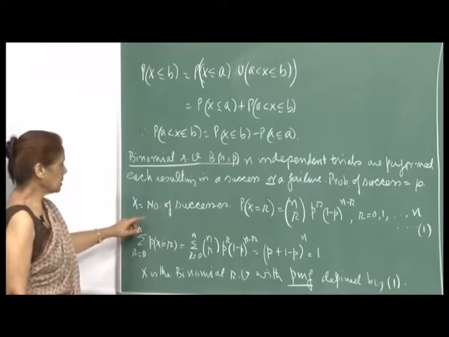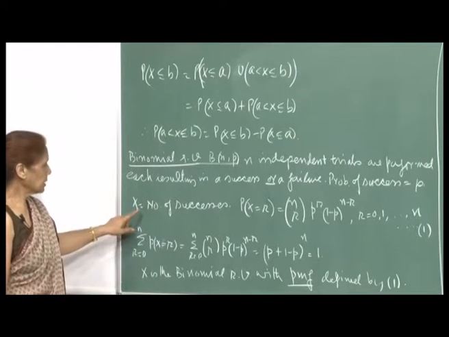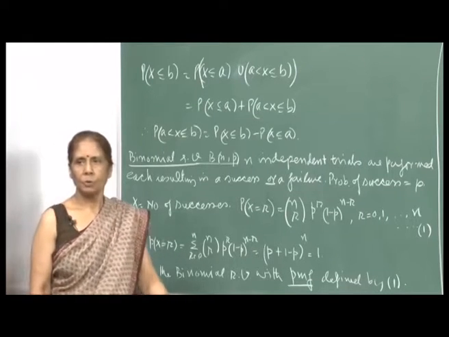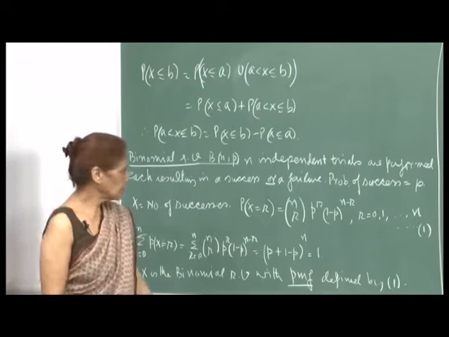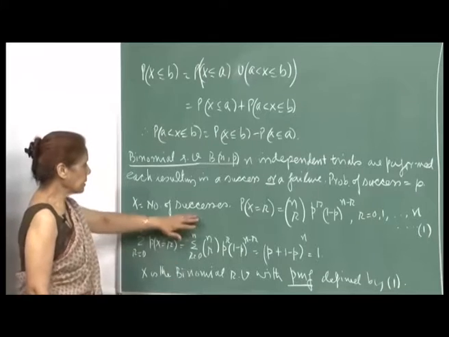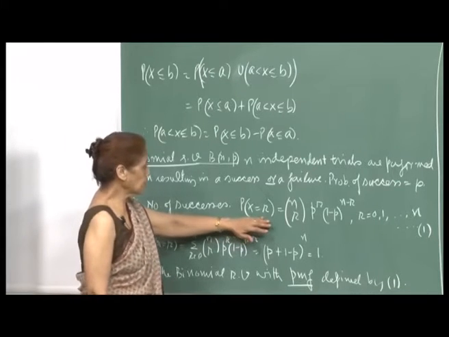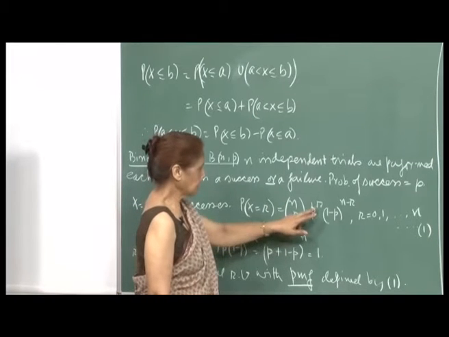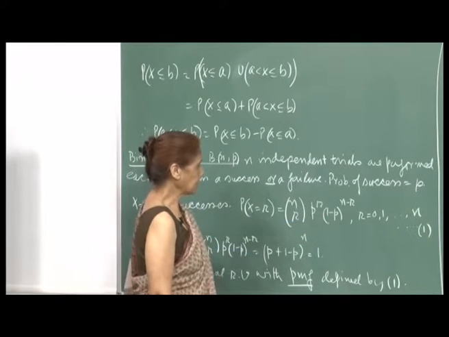Okay. And so, X, the random variable, denotes the number of successes. So, in n trials you want to know how many successes have occurred, because it is an uncertain event. The probability of X equal to r is given as nCr p^r (1 minus p)^(n minus r).